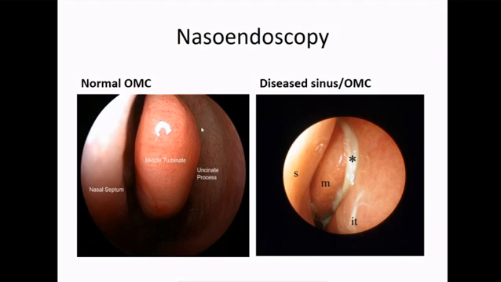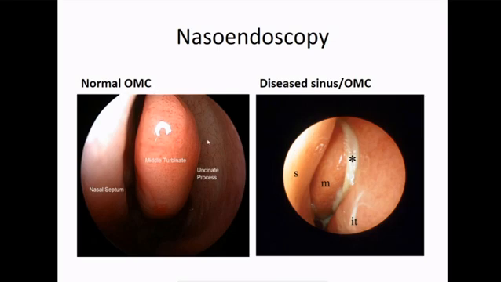Almost all the sinuses open at the middle meatus region, except the posterior ethmoid sinus, which opens at the superior meatus, and the sphenoid sinus, which opens at the sphenoid recess. That's all. The others open at the middle meatus or osteomeatal complex, OMC, not OMG, oh my god, osteomeatal complex area.